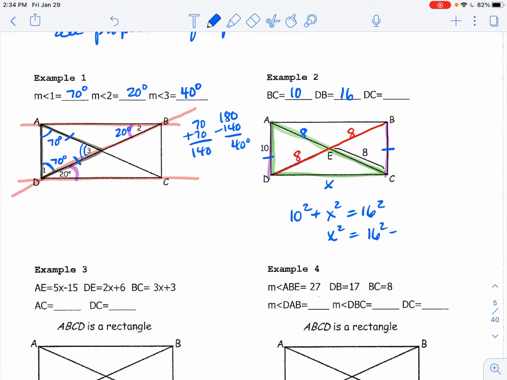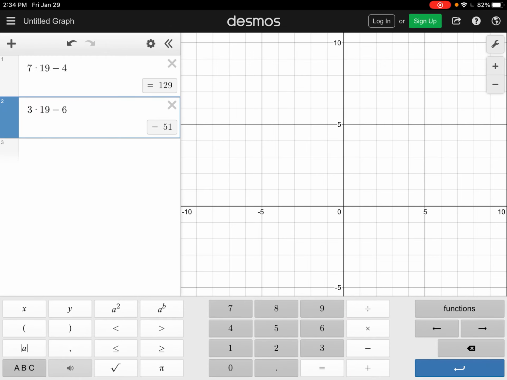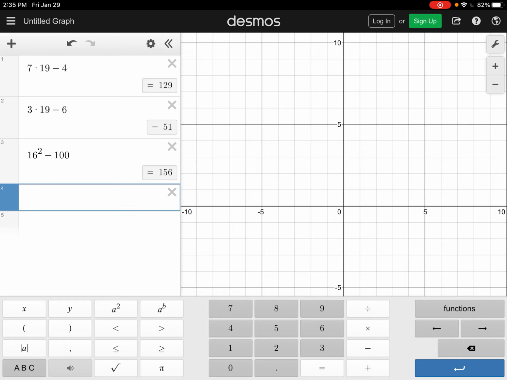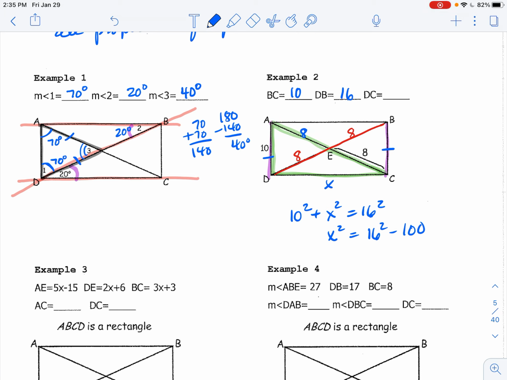X squared is 16 squared minus 100, and I'm going to take that to Desmos. 16 squared minus 100, and don't forget we have to square root that. And so if I square root, that's about 12.5. I'm going to say approximately 12.5.